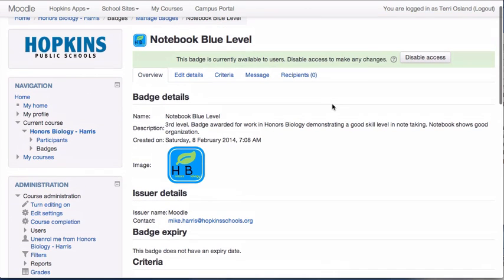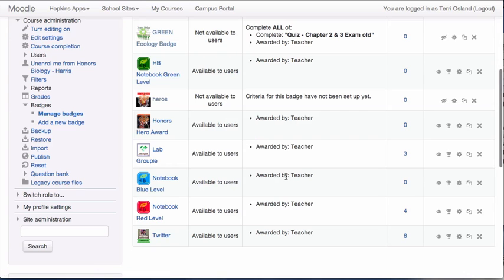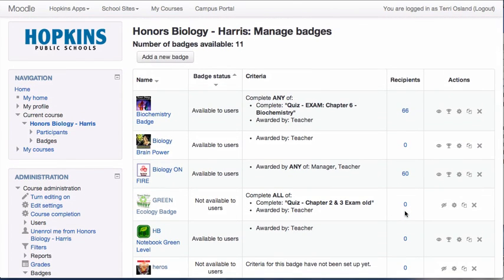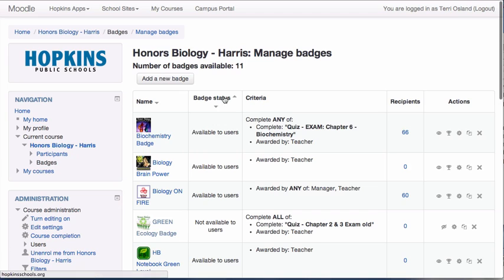He wants to make it very difficult to earn these badges. If you look back, the lowest level is the red level, and only 4 students have earned that so far. But he really has had fun with the integration of badges in his course.